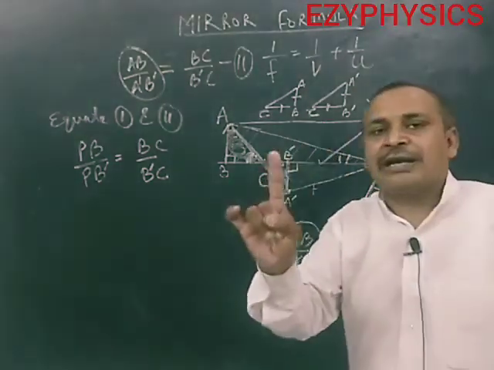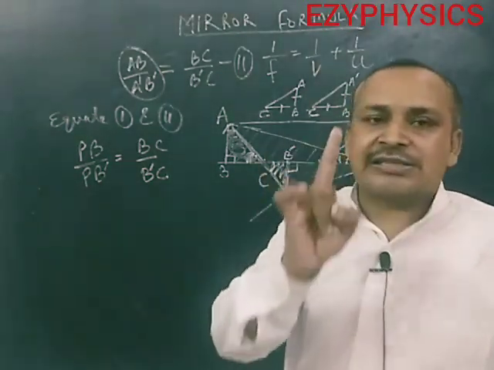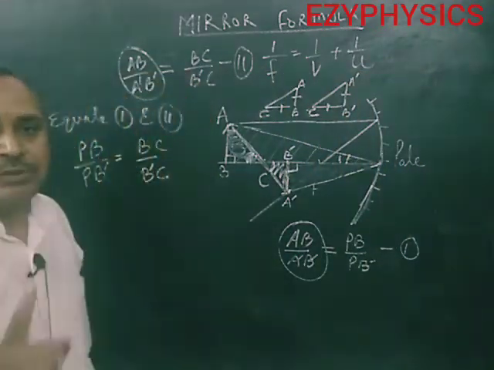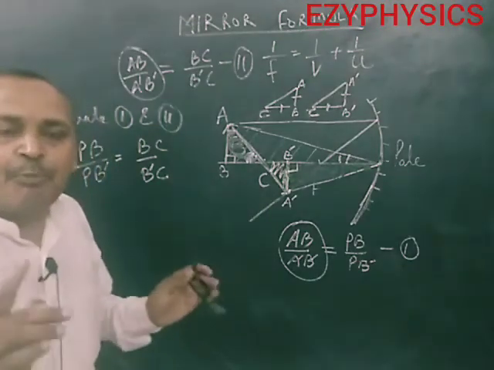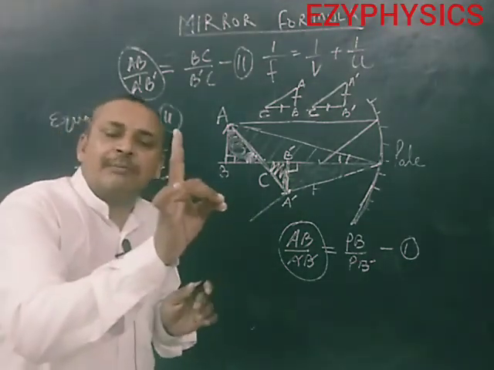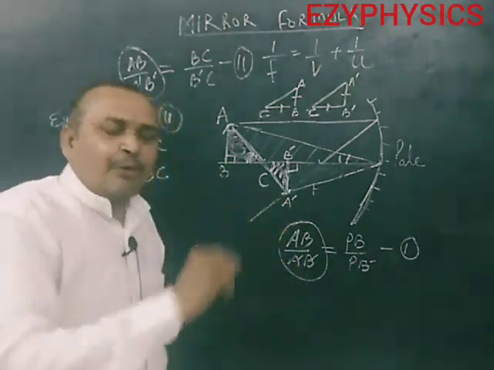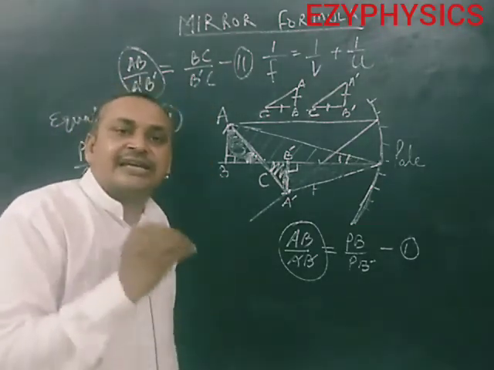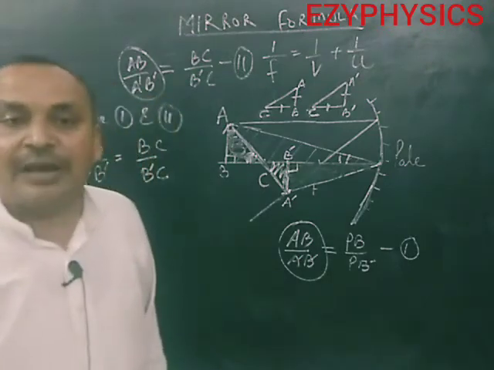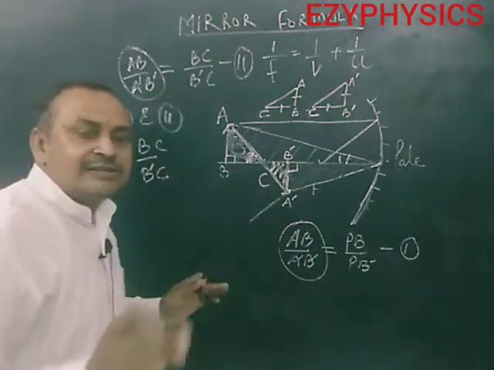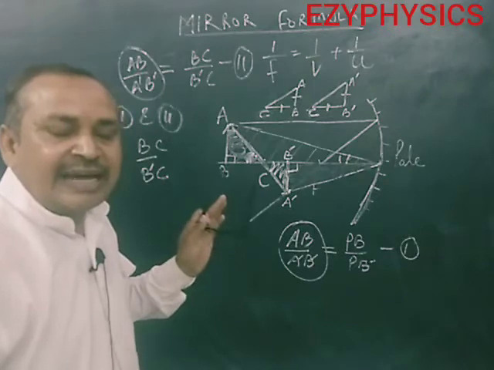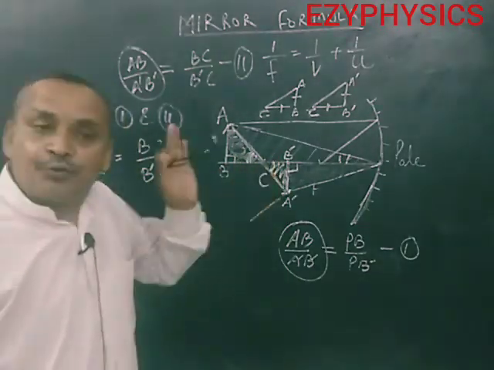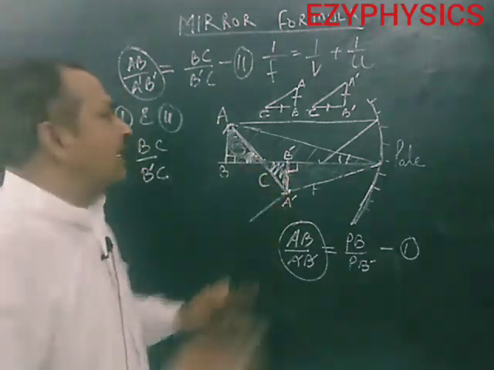So the first point says all the distances should be measured from the pole. It means in every measurement there should be the pole, number 1. The second point says if we are measuring the distance in the direction of light, my dear friends, the light has a direction from the object towards the mirror.